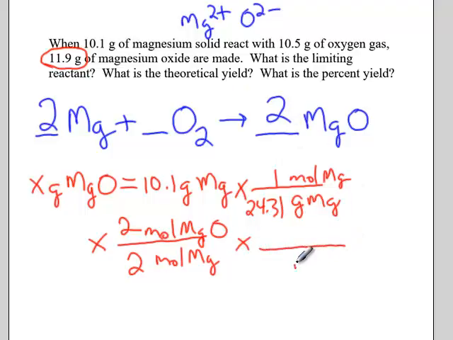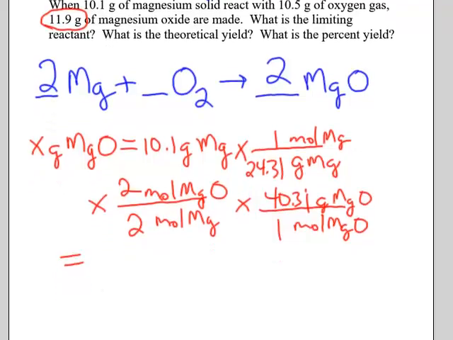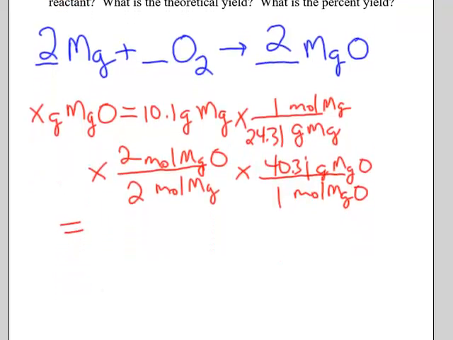And then the last step, we want to turn our moles of magnesium oxide into grams. And we use the periodic table again, the molar mass 40.31 grams per mole. So if all the magnesium reacts, we'll make 16.7 grams of magnesium oxide.